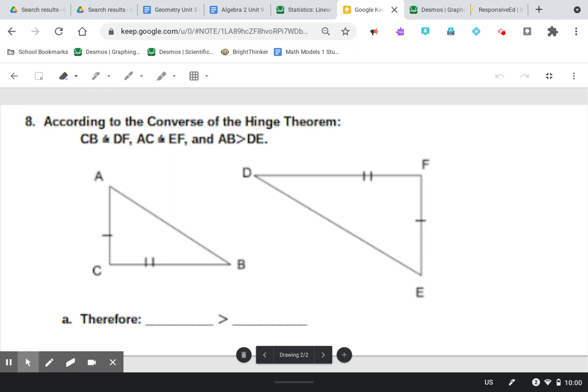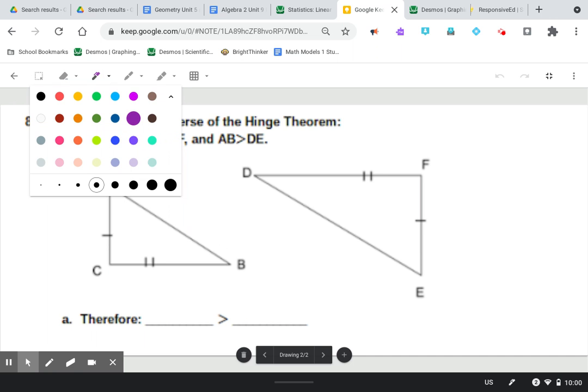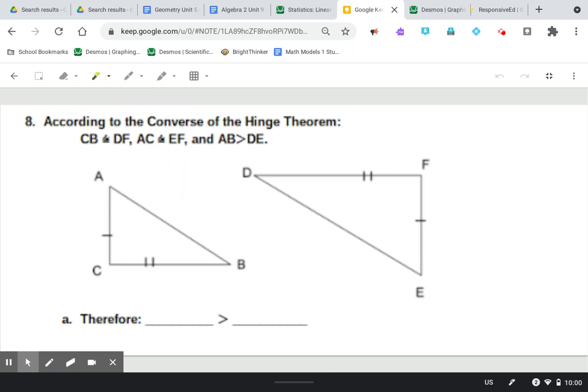Here we say that the hinge theorem says that when we have these congruence statements, like CB is congruent to DF and AC is congruent to EF, but then we know that AB is longer than DE.